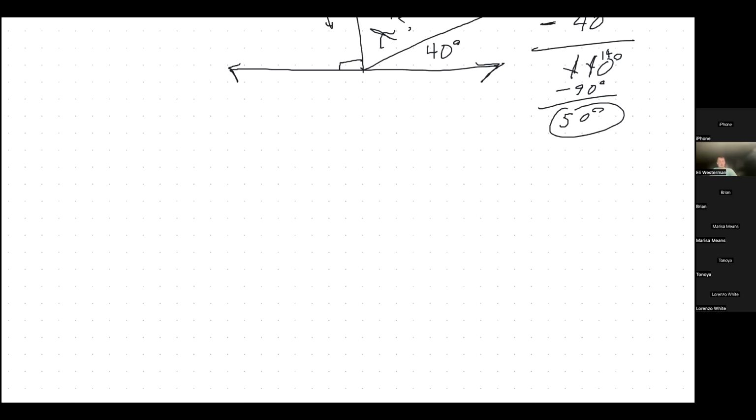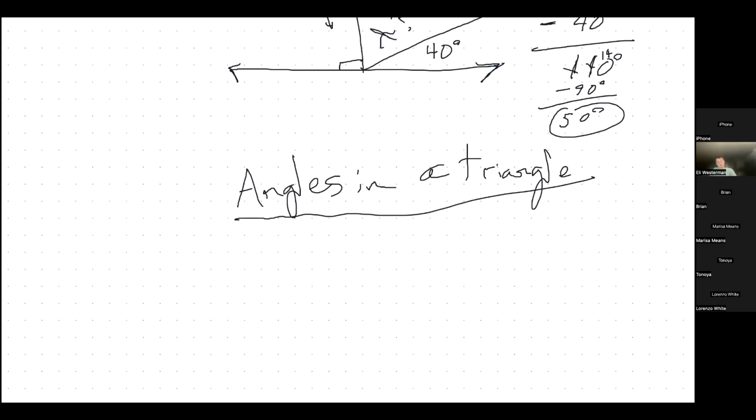Now let's talk about angles in a triangle. All right, so here's the thing. Triangles, no matter what kind of triangles they are, and we're going to talk about several kinds, will always equal 180 degrees. So we could have 45, 45, 45. That's not correct. They would all be 60 degrees. We have 60, 60, 60.